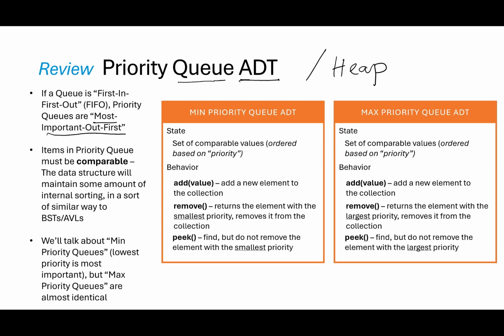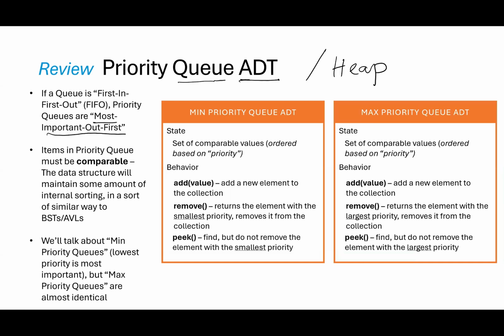That means we use priority queue for a specific purpose. Suppose we want to keep data in a data structure and we always want the most important one that we need at the top so that we can just put our hand and grab it. The priority queue is such a data structure which follows this principle. Most important out first.